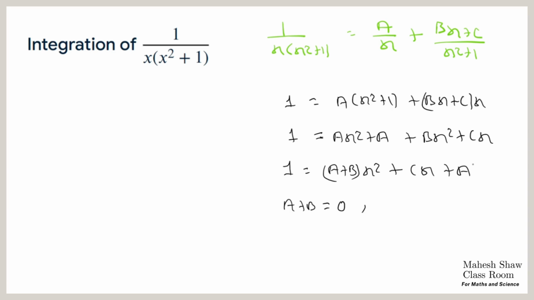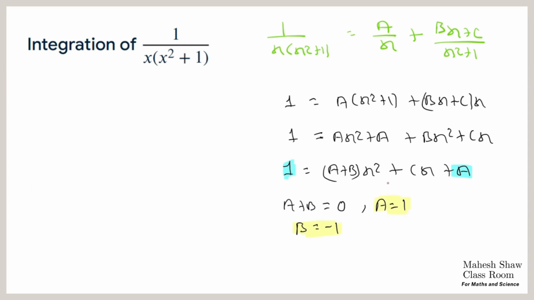Now further I can see that a is the constant term on the right hand side, as it is independent of the variable, and on the left hand side the constant term is 1. So from here we can say a equals 1. Now replacing a with 1 here, we'll get b as negative 1. So we got the value of a as 1 and b as negative 1.